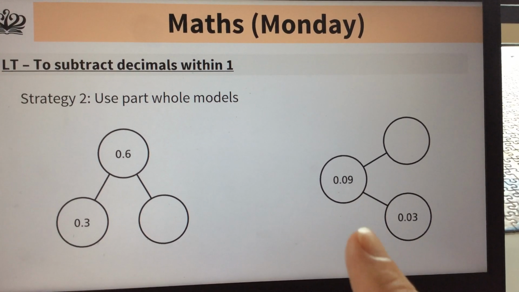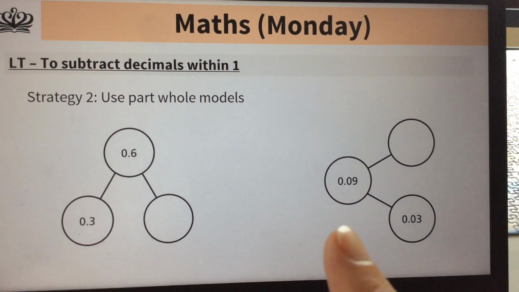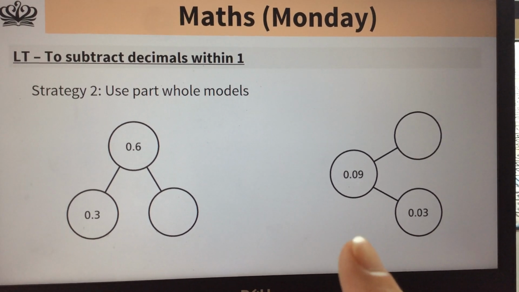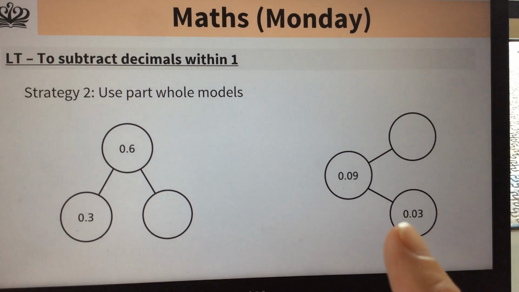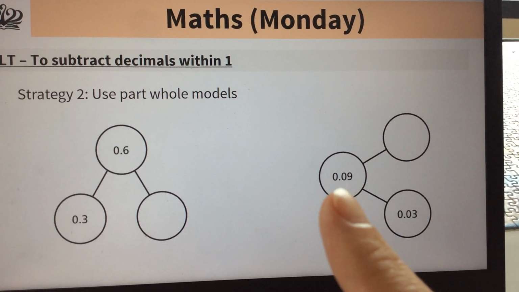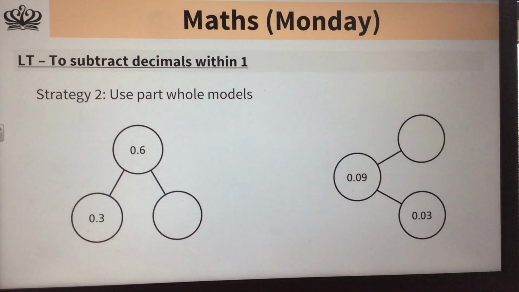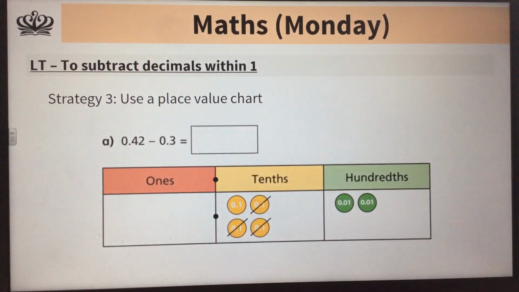This one is exactly the same, but it's just turned around on its side, so just another way of seeing that same visual representation. So here we've got our 0.09, which is made up of 0.03 and one more number there. So 0.09 take away 0.03 will give you that number that you're looking for there. So those are the part whole models.